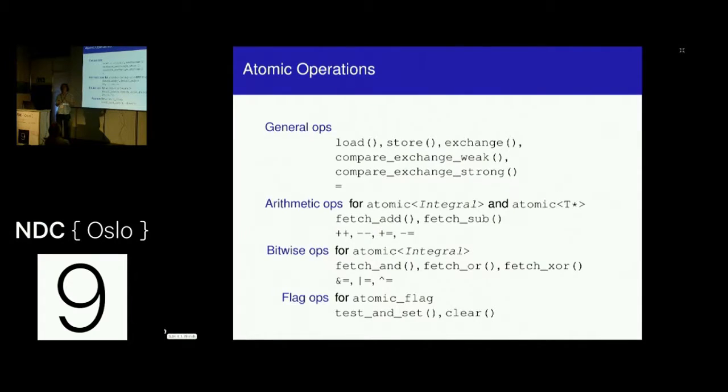The strong will only fail if the values were different, if the comparison failed. Whereas the weak might fail due to running on a weakly ordered architecture like ARM or Power, and if the OS scheduling meant that the operation got interrupted, because those platforms don't have, like x86 does, a single instruction for this. So you can say, I want to do an atomic compare exchange, bam, the compiler just does it, the processor just does it.